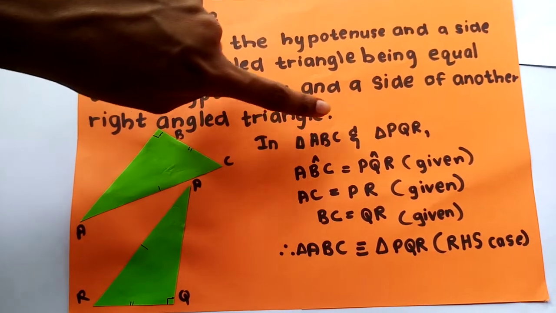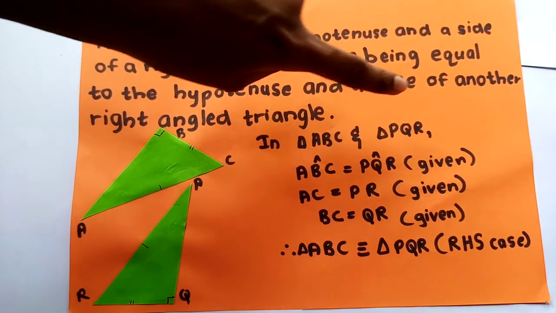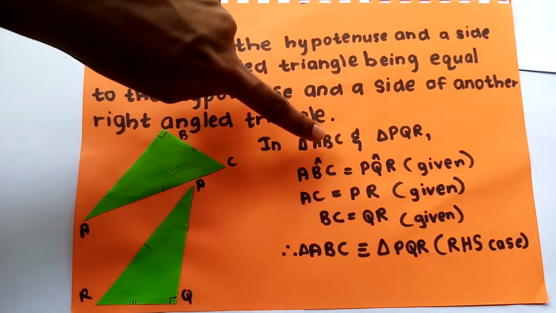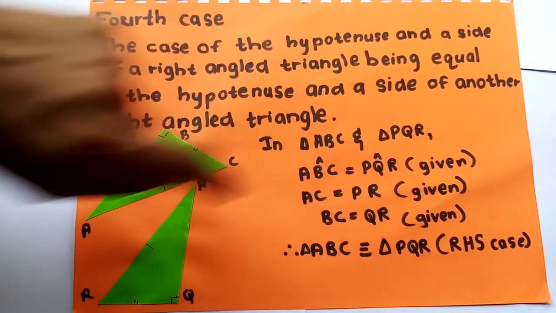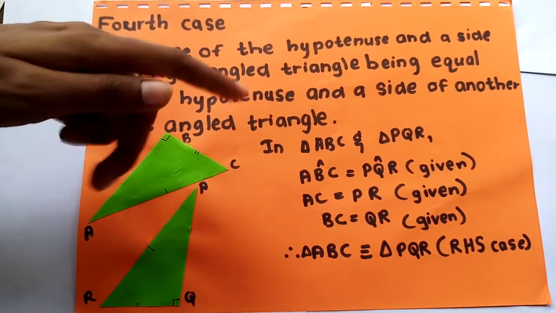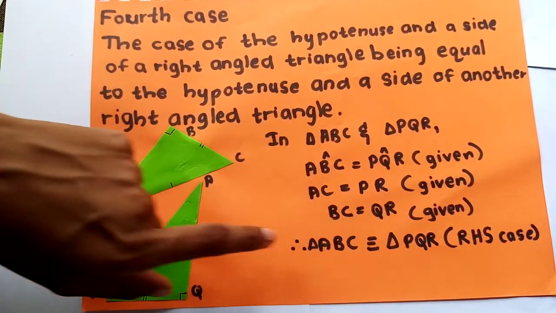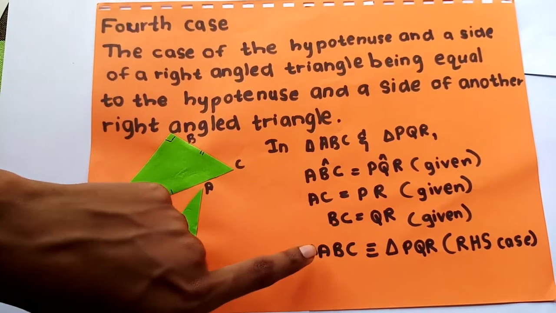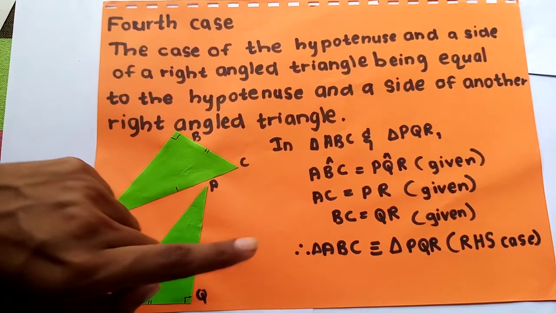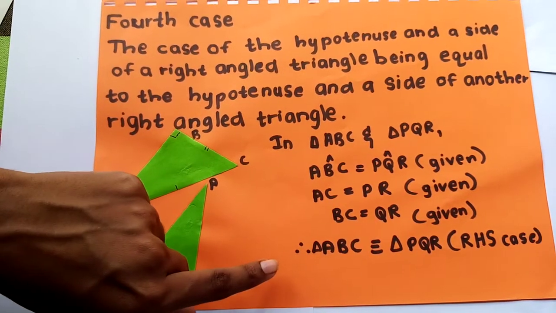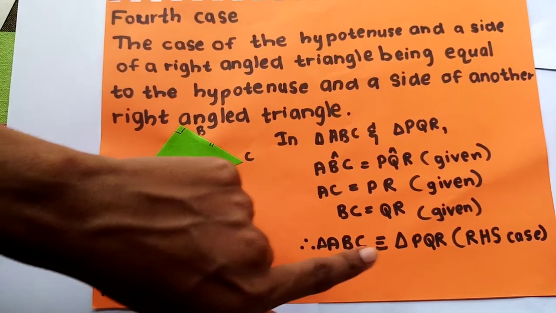Okay, now we have to just write. In triangle ABC and triangle PQR, angle ABC is equal to angle PQR. It's 90 degrees. We know that already. So, AC is equal to PR. It's given data. BC is equal to QR. It's also given data. Therefore, we can write triangle ABC is congruent to triangle PQR.